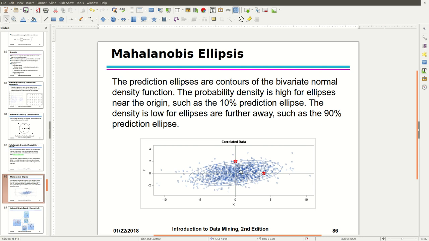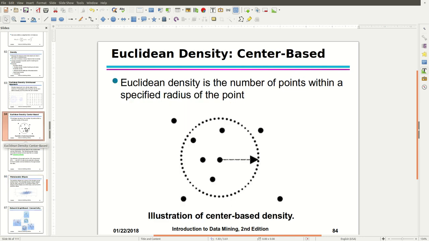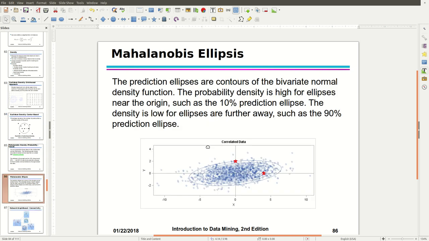So the points within the inner ellipses are close, and if you go outside, you are forming clusters as you move outside, but it is not like Euclid based, where it is moving in each direction about the same. In this case, based on the underlying data distribution, we move at various rates, which can be modeled by ellipses.